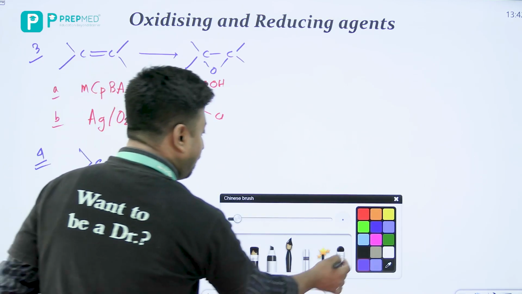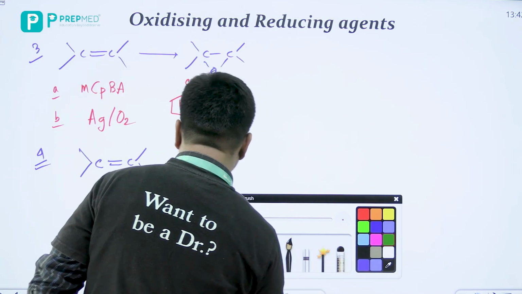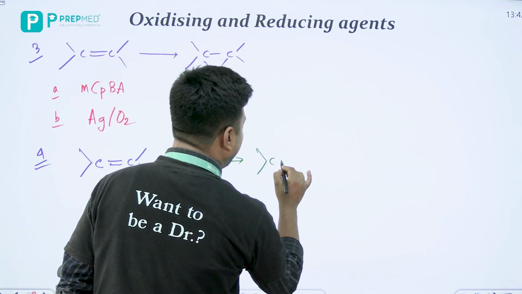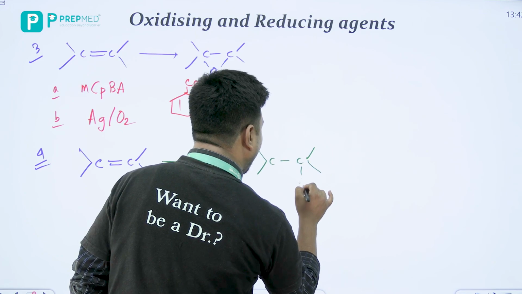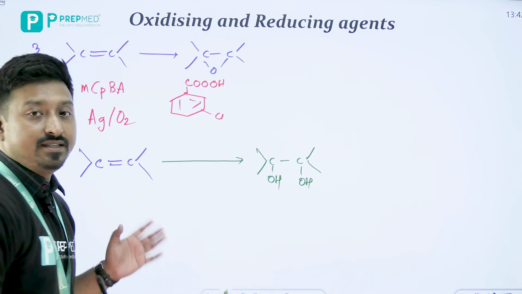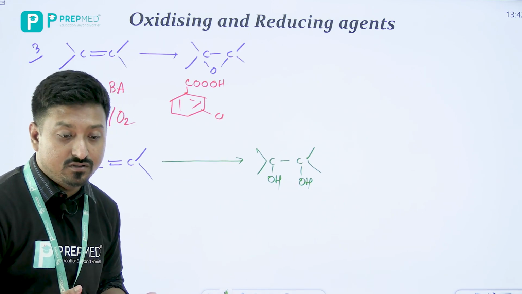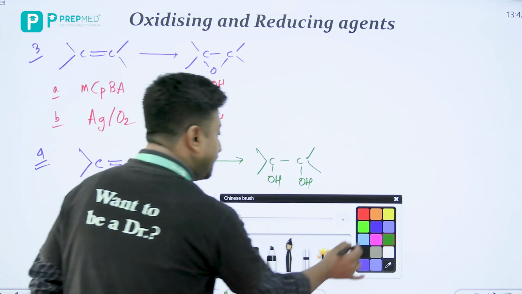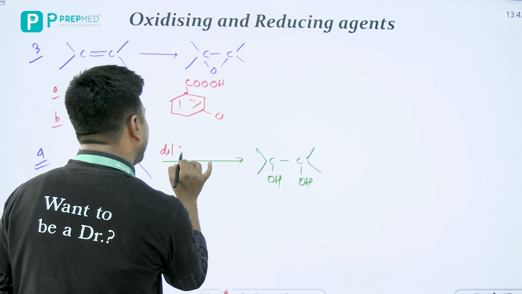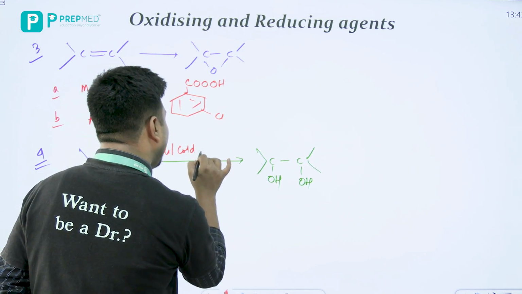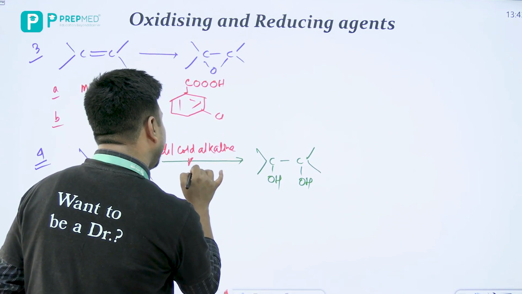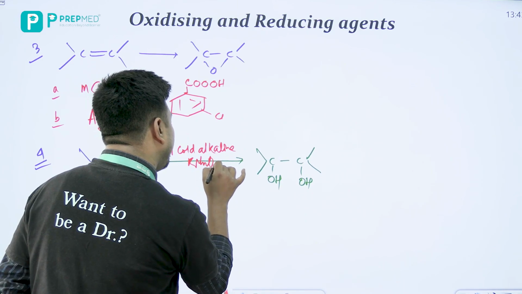So let's pick up one method here. First, if you want to convert this C double bonded C to OH, hydroxyl, what reagent can we use here? A series of reagents we can use. This is very important. We can use dilute cold alkaline KMnO4.